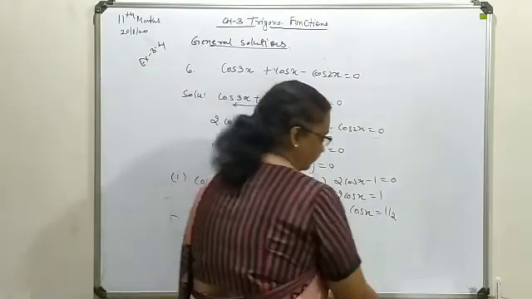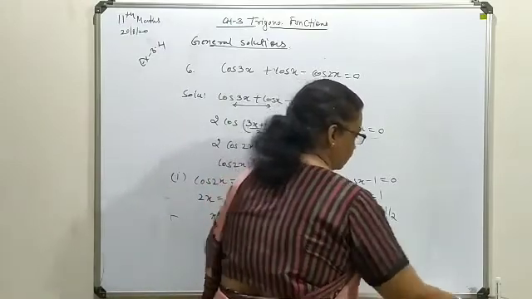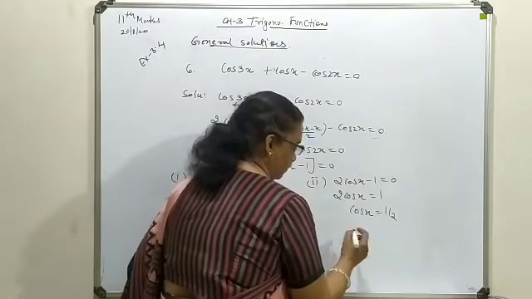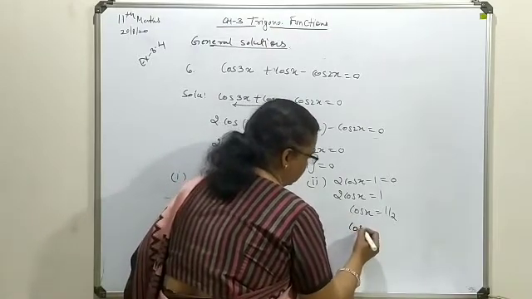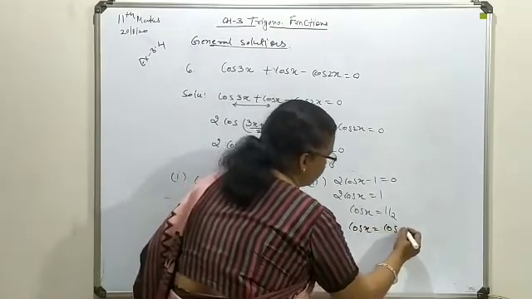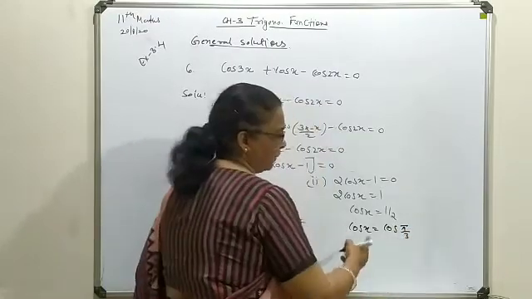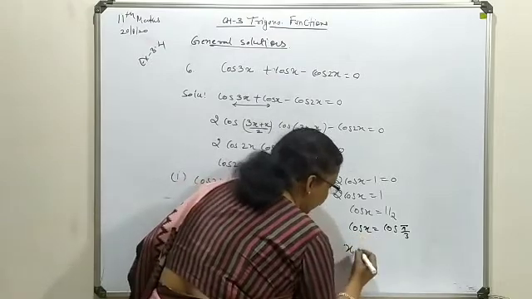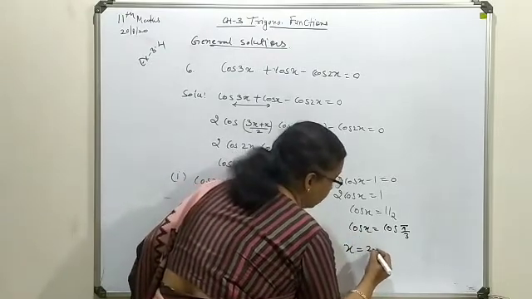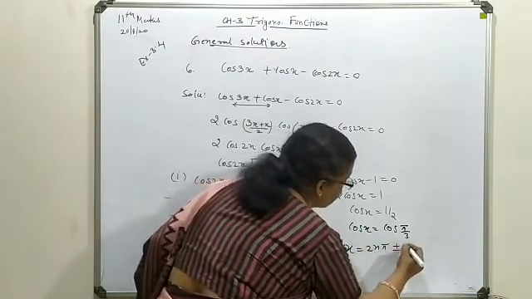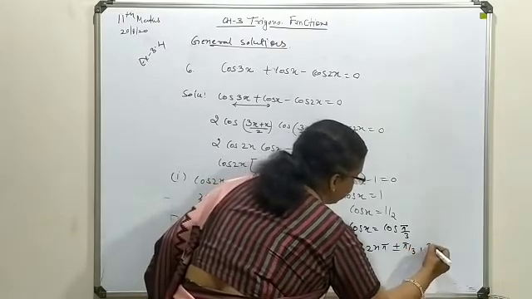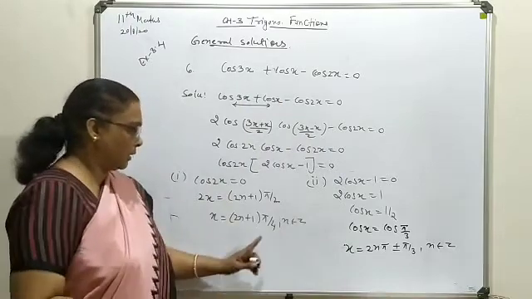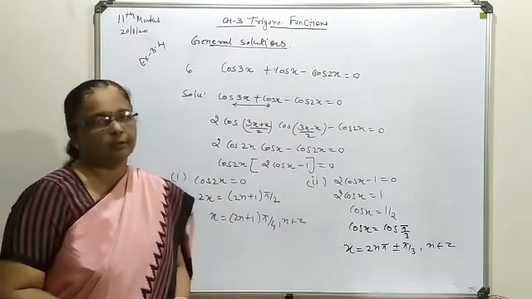So here cos x you will write as cos π/3. Now x for the general solution is 2nπ plus or minus π/3 where n belongs to Z. So this way you are getting two solutions for your cos equation.